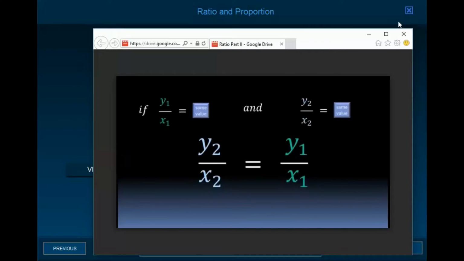And this can be a very useful equation, but it is only true if we know that the variables x and y vary directly.